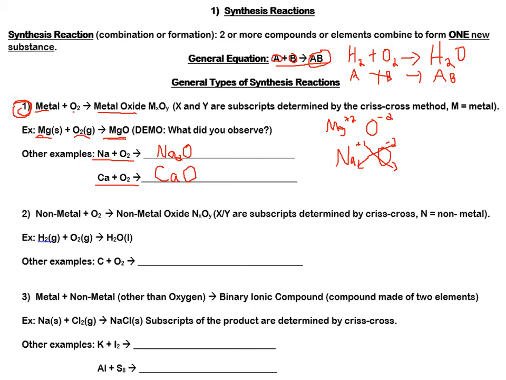Sometimes you might see a non-metal reacting with oxygen. In cases like that, you could do the crisscross to determine what the formula would be, but it doesn't always work out. We don't always know. So for example, if I had C plus O2, that could make CO2. It could also make CO. It really depends on how much carbon and oxygen is present.